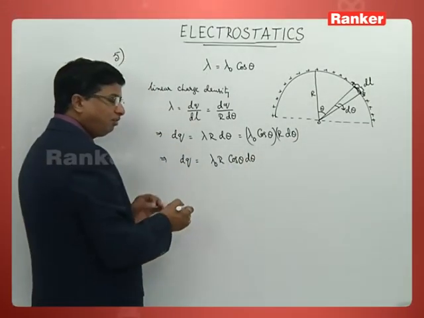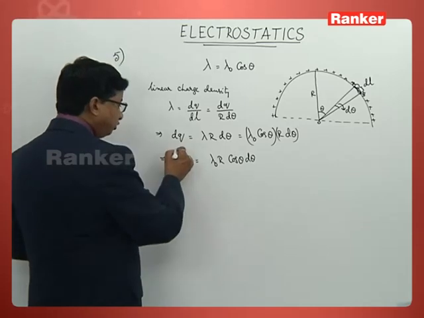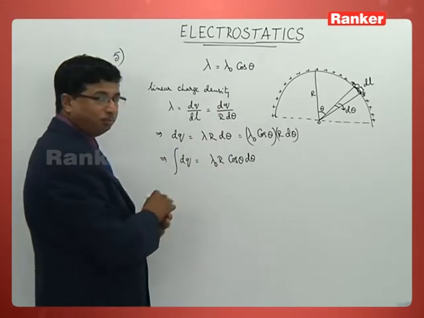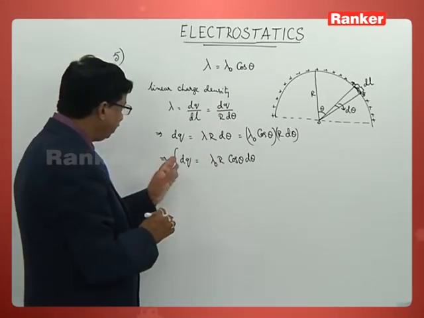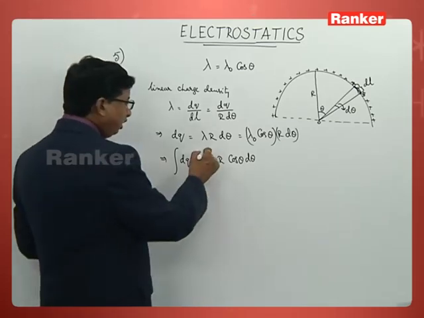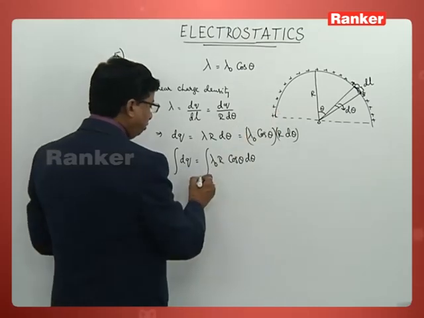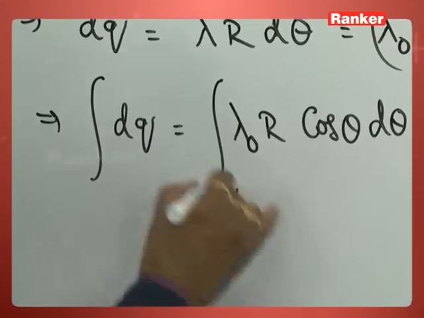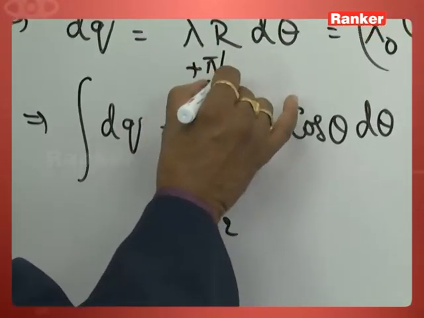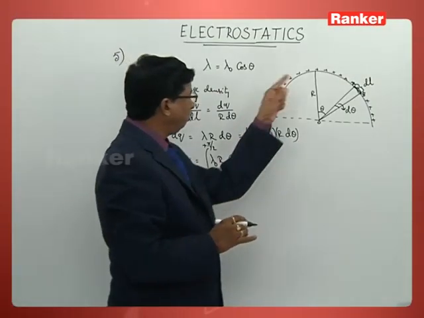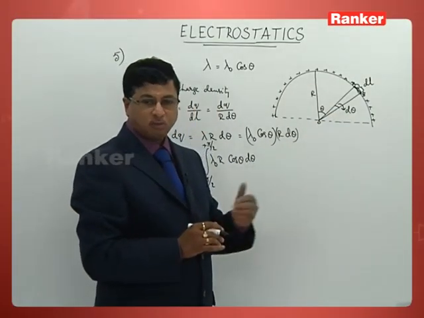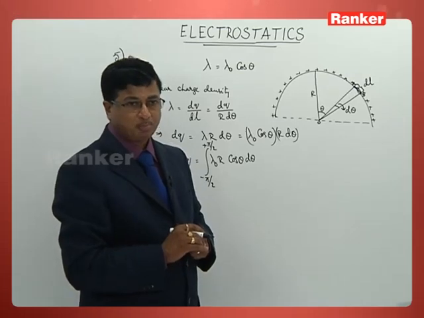Once again, when I just want the value of charge on the entire system, I should integrate that one. But integration to be made between what? Minus pi by 2 to plus pi by 2, from this end to that end. That is what actually we have to take up.